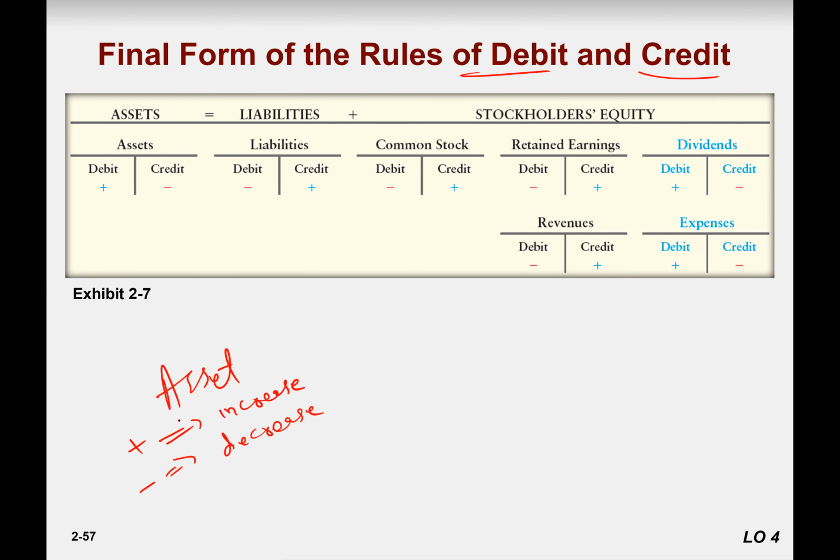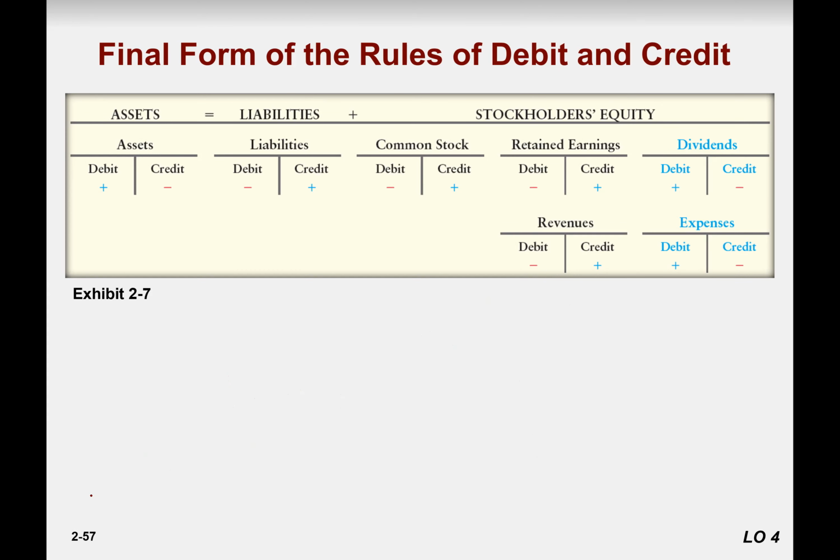So if assets increase, what do we call that? We debit. And debit means the left hand side of the account. And if asset decreases, it means we will record it here on the credit side, right?